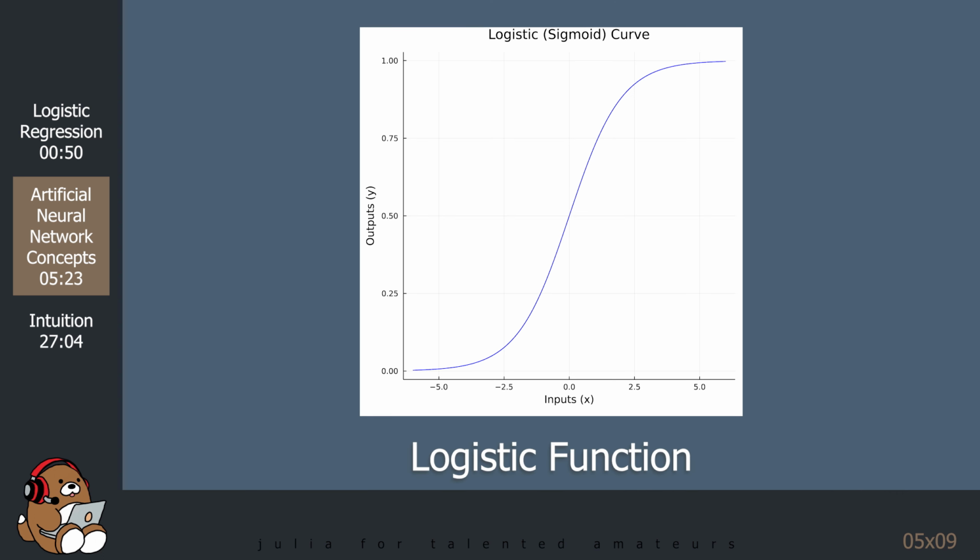Another example of a name change is the logistic function. For logistic regression, we pass the formula for a straight line through the logistic function in order to create a nonlinear function with parameters that we could use to reshape the curve. For artificial neural networks, the logistic function is called the sigmoid function.